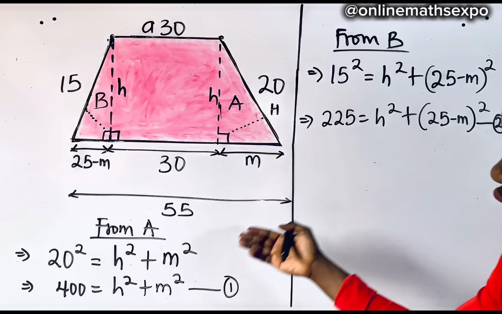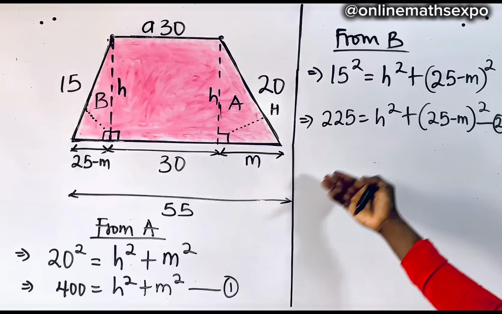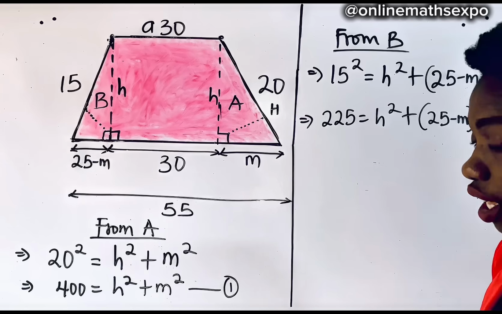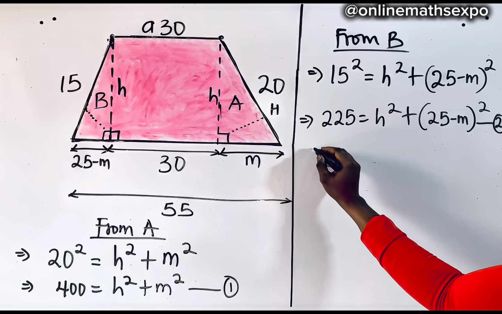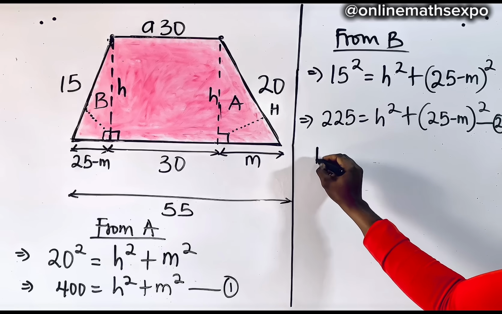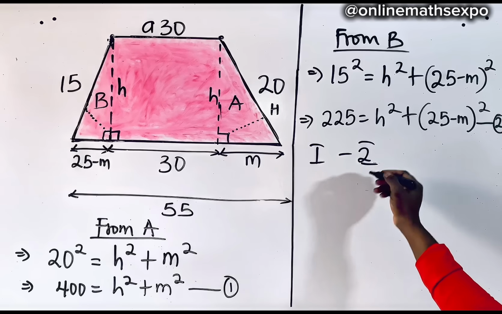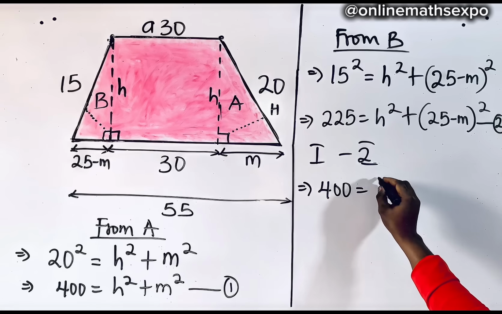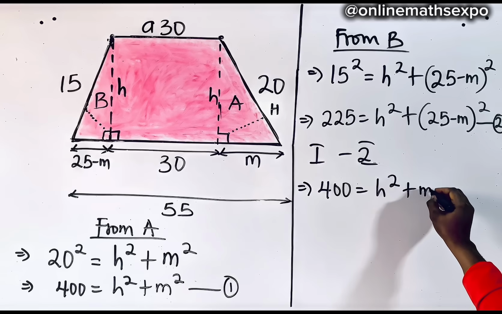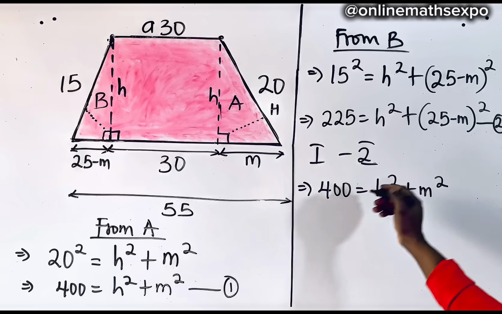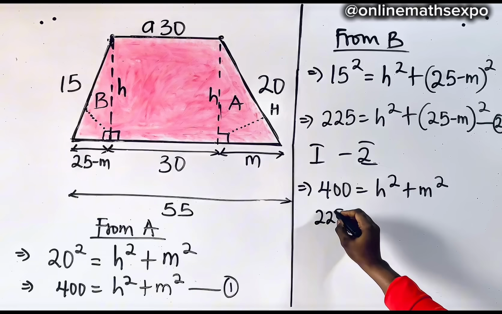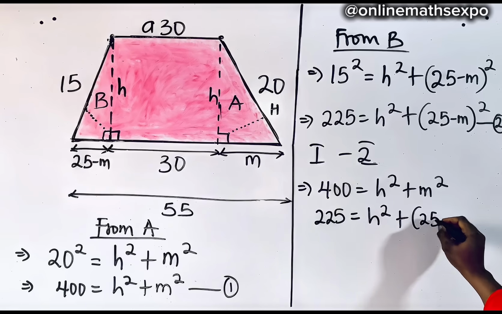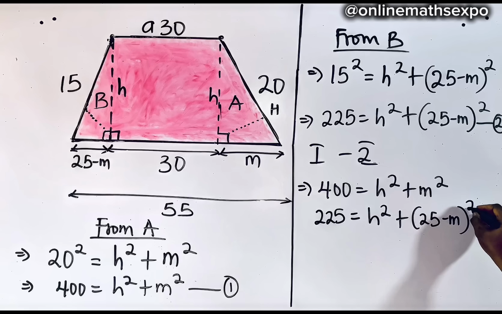Looking at these two equations, you notice that there is h squared in both. So to remove it, we subtract equation 2 from equation 1. If you do that, this is what we have: 400 equals h squared plus m squared, and 225 equals h squared plus (25 minus m) squared.